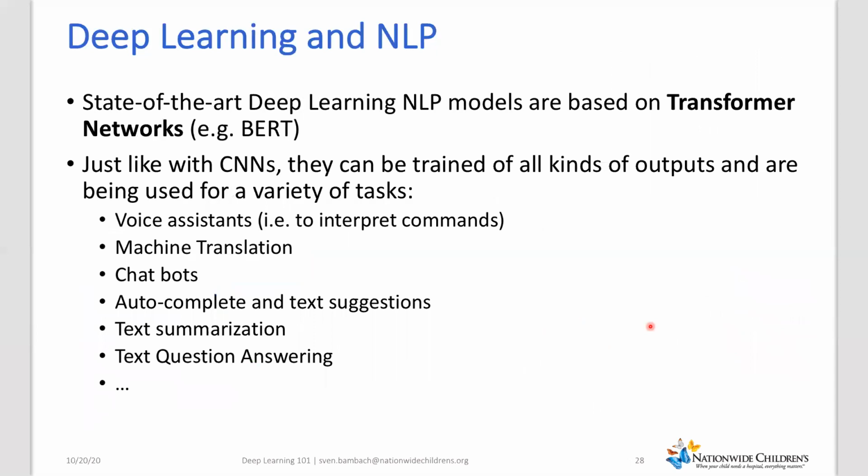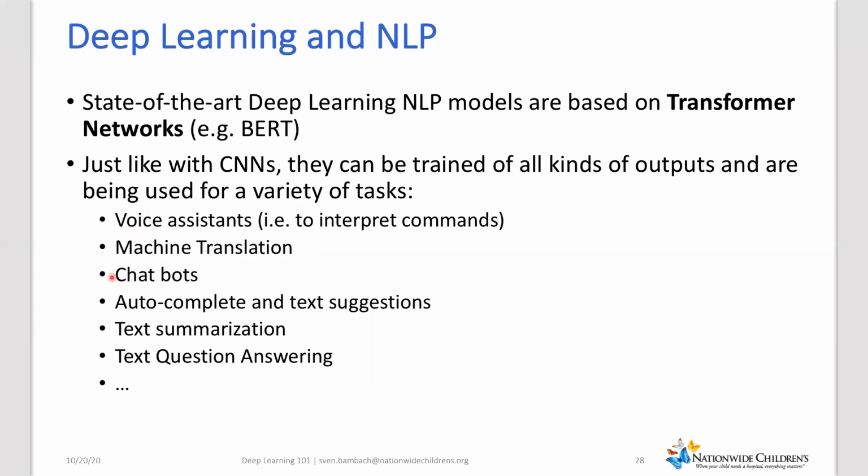And just like with CNNs, you can use these models. They're usually called transformer networks for natural language processing, and you can produce all kinds of outputs and use this idea for various tasks, like your voice assistants that interpret the command that you tell Alexa are using deep learning. Machine translation, if you go to Google Translate, you translate a sentence from German to English, it's using deep learning.